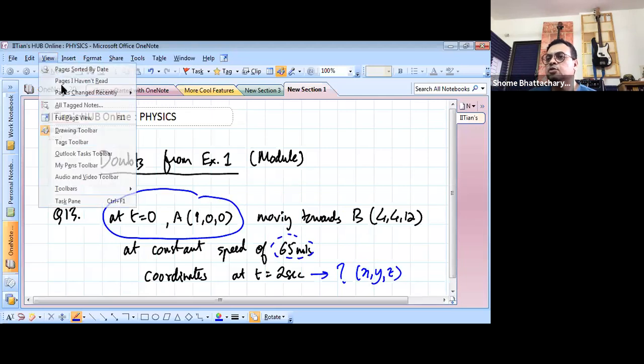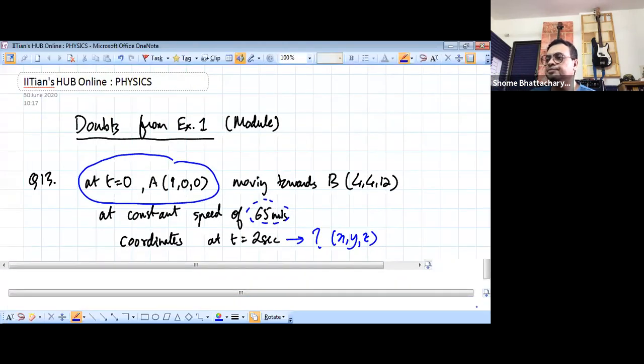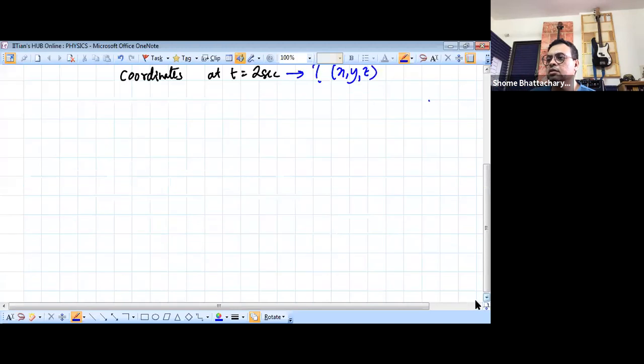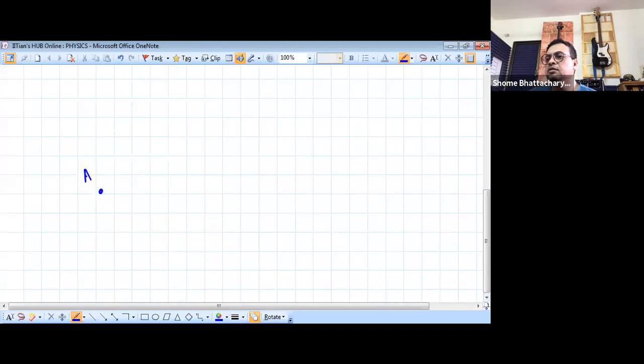Okay. So we will apply the concept that if this is the point A, which is 1, 0, 0, and this is the point B, which is 4, 4, 12. So उसके motion का line क्या है? The direction of its motion is this vector AB.